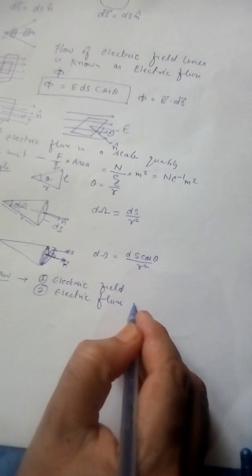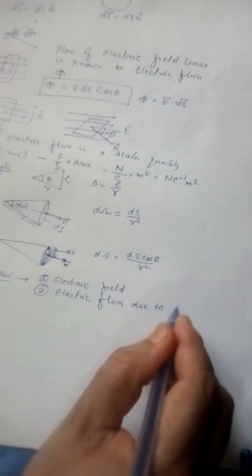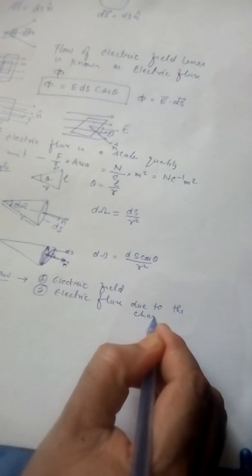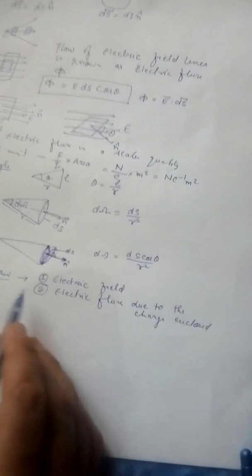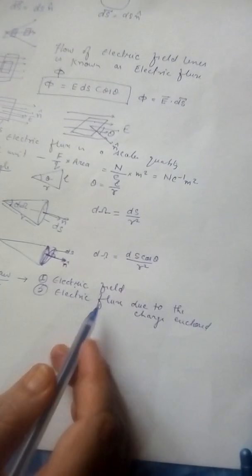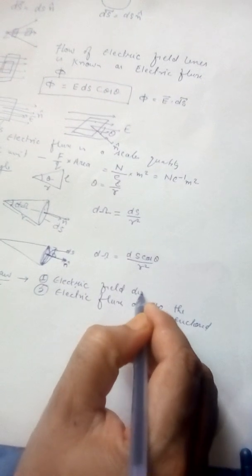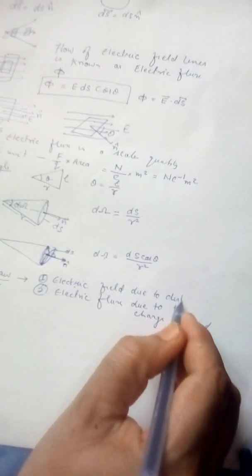Electric flux due to the charge enclosed, this you have to remember, charge enclosed. And this Gauss law is used to find the electric field due to distribution of charge.